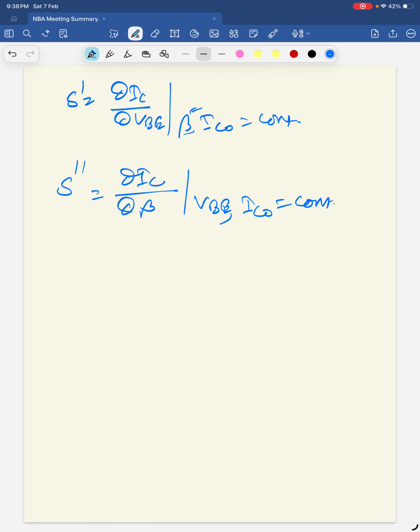So these are called S prime, S double prime. And what is S? Already I mentioned, del IC by del ICO, keeping beta and VBE constant. So we will calculate the stability factor for different circuit connections.